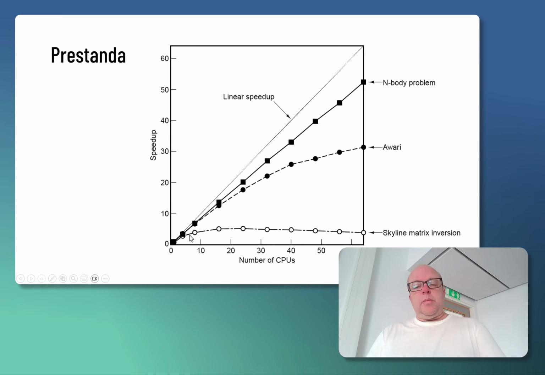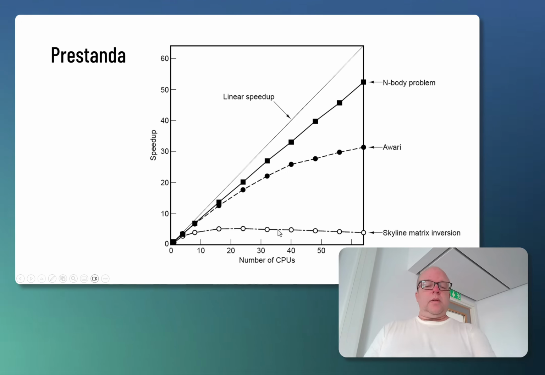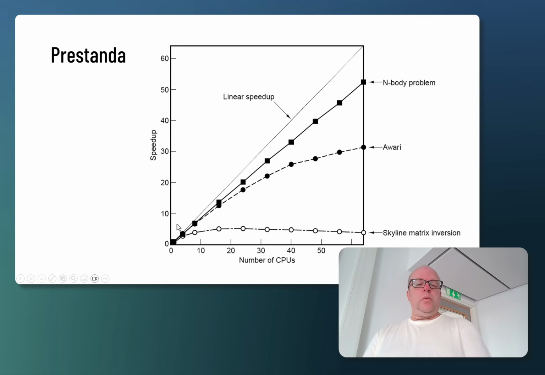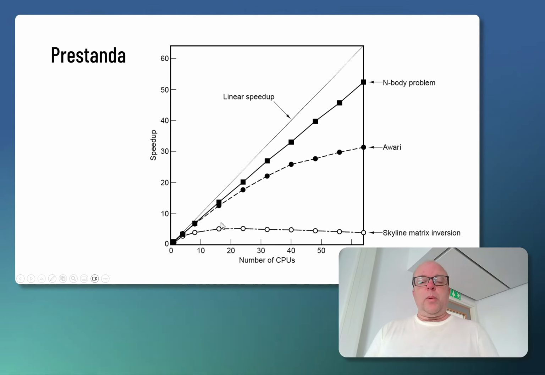And then some applications don't scale at all. It scales up to 10 and then the scaling drops off. At that point, it's not useful to add more processors because you won't get any more speedup. So if you know that you have a problem like that, you should stop in time, because it's really just a waste of resources to add more processors.